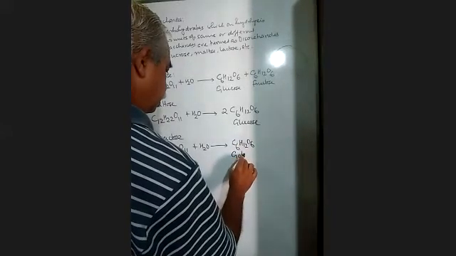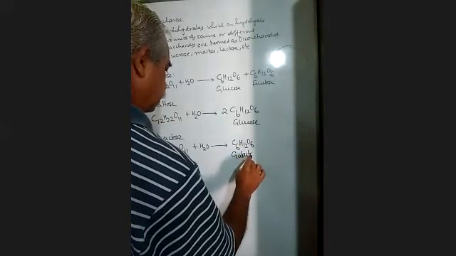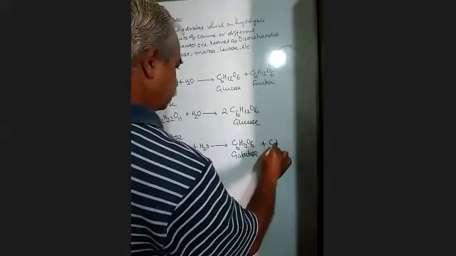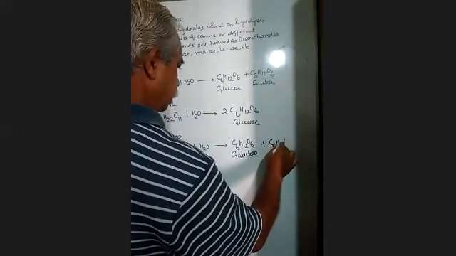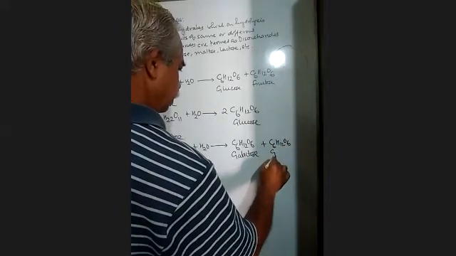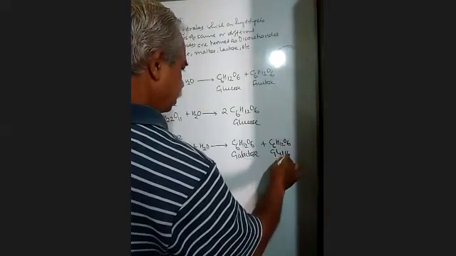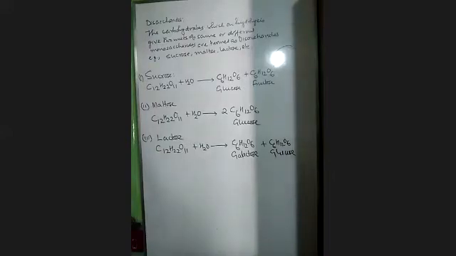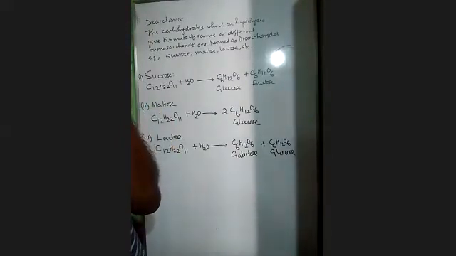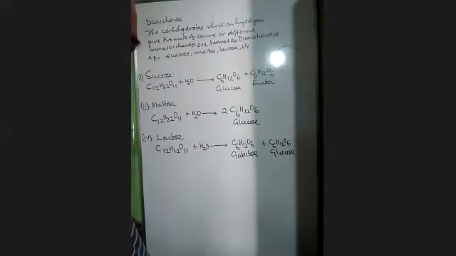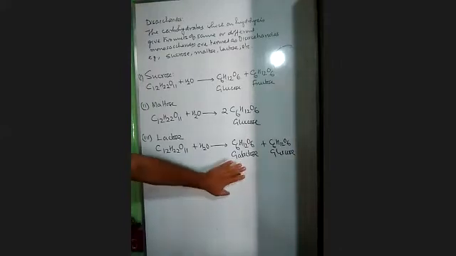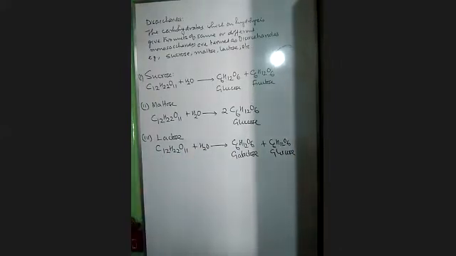This is called galactose. Okay, and this is called glucose. Most of the carbohydrates' names end with OSE. By convention, this is given OSE. Most of the enzyme names end with ASE. So this is the example.